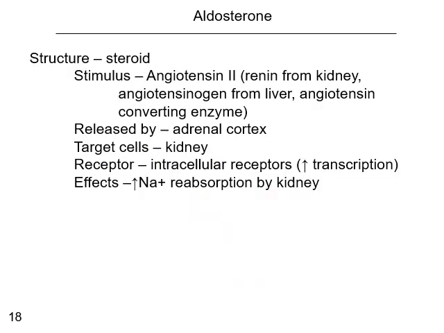Aldosterone is also critical for and required for life, for water and salt conservation. Aldosterone is a steroid hormone. Its stimulus is from the kidney. So if you want to learn more about this stimulus, take AMP2.